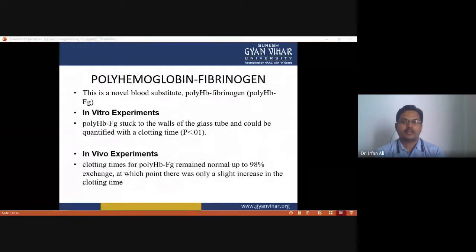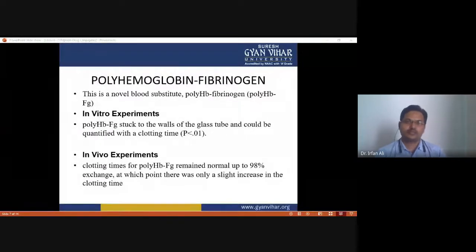And the next type of substitute that could be used as a substitute for blood is the polyhemoglobin-fibrinogen complex, which is a novel oxygen carrier with platelet-like properties.